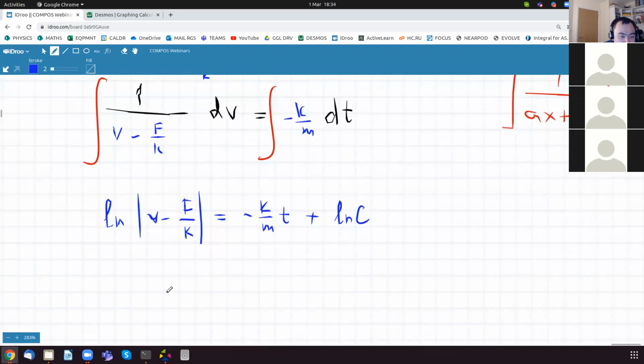So I will have v minus f over k. And of course, a very simple analysis will show you that this value is positive, so you can ignore the brackets.